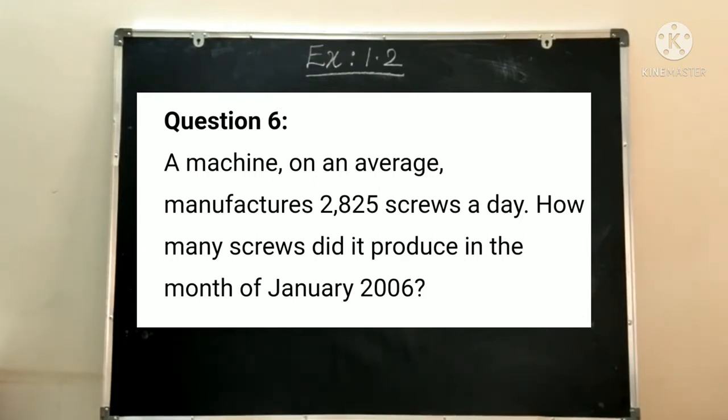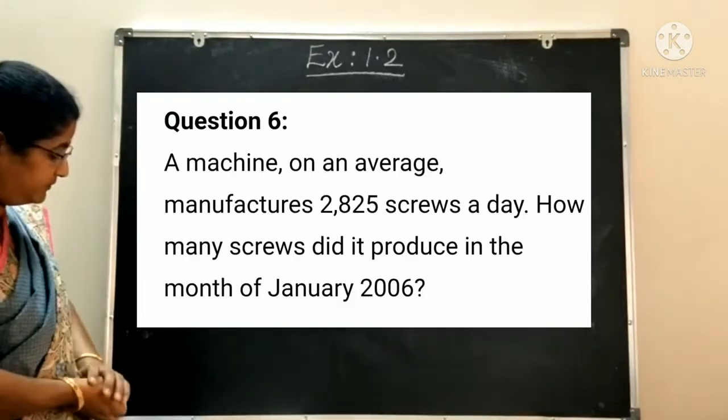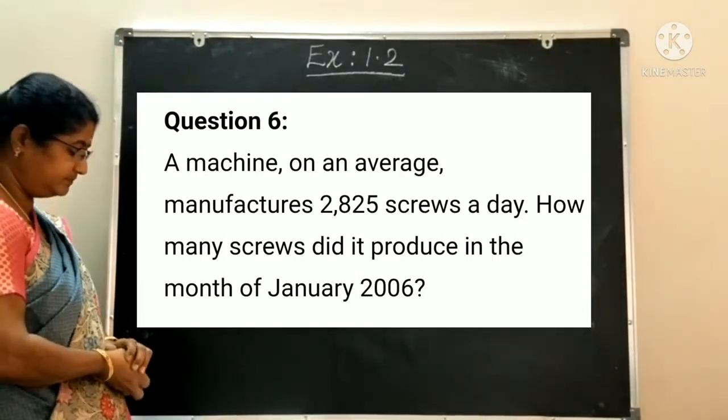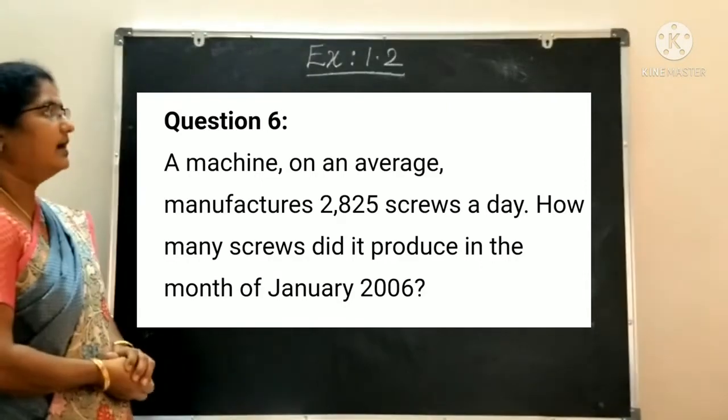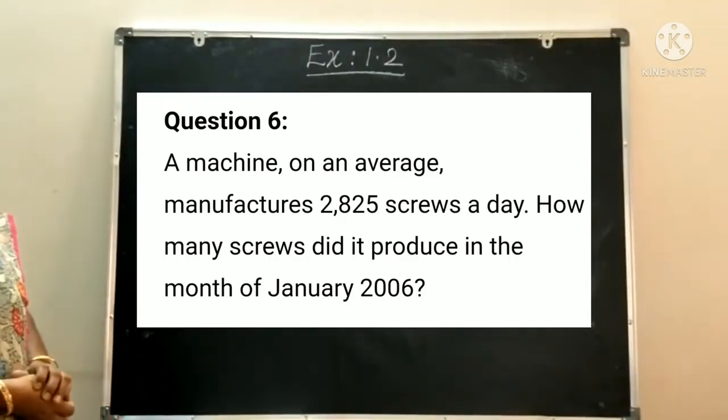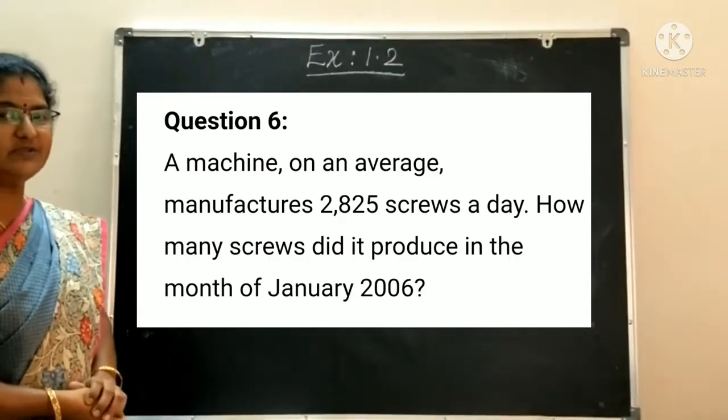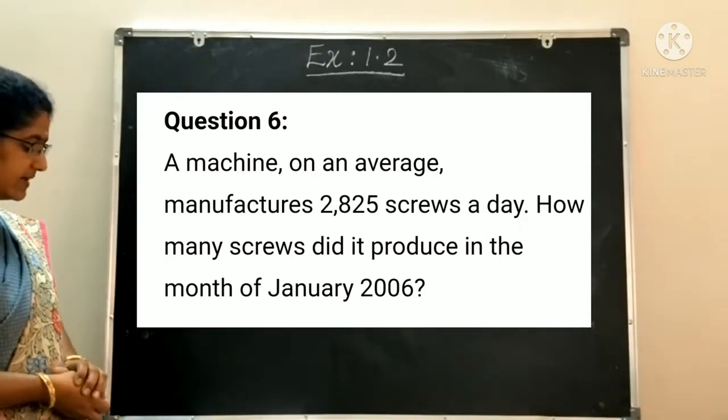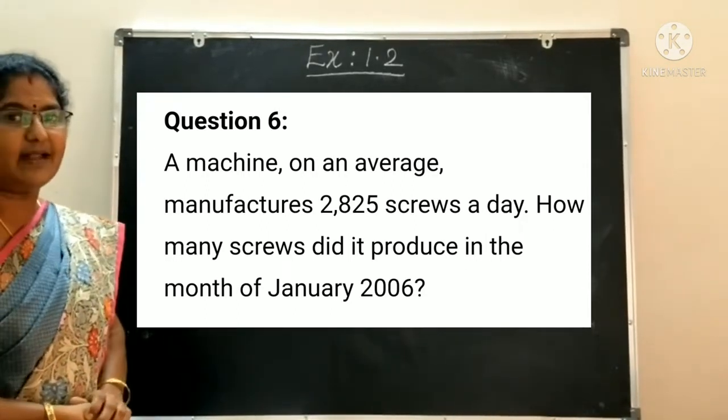How many screws did it produce in the month of January 2006? So, in a company, a machine produces 2,825 screws in a day.